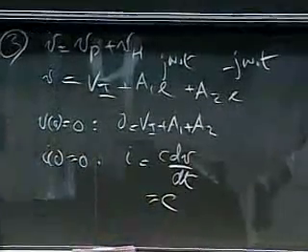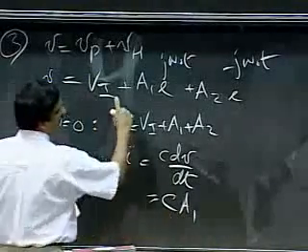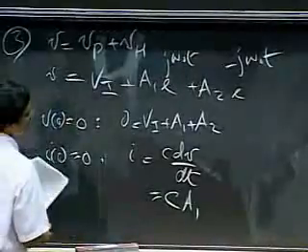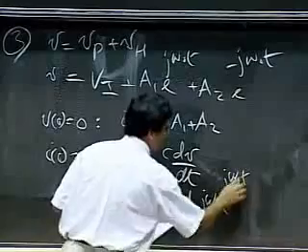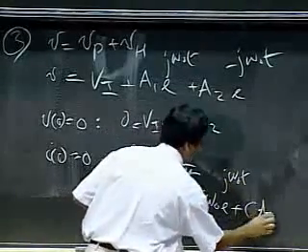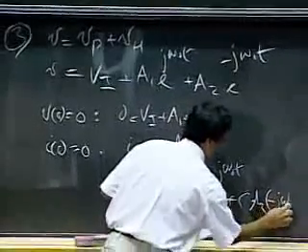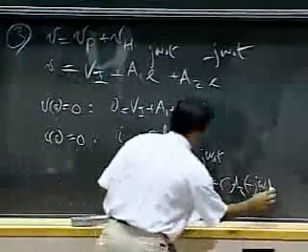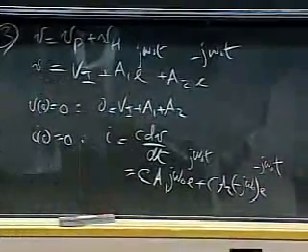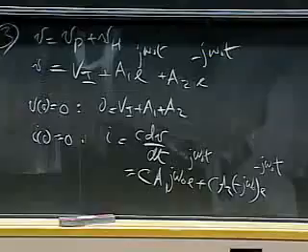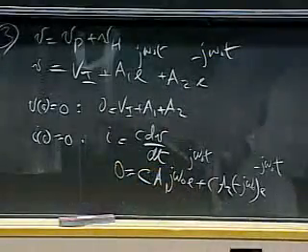This guy vanishes, so I get d by dt of this. So it's C A1 j omega naught e to the j omega naught t plus C A2 minus j omega naught e to the minus j omega naught t.